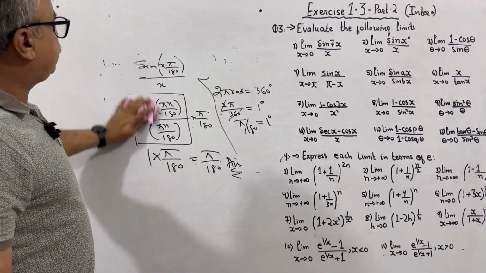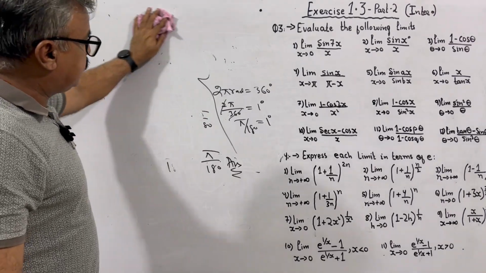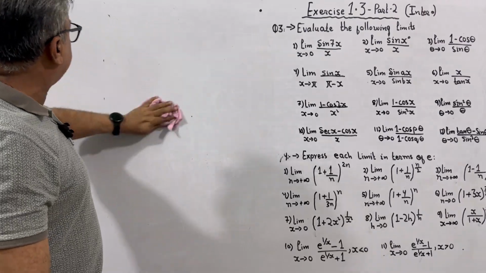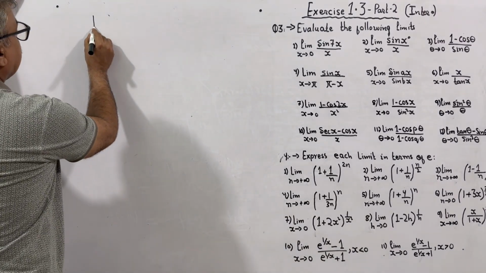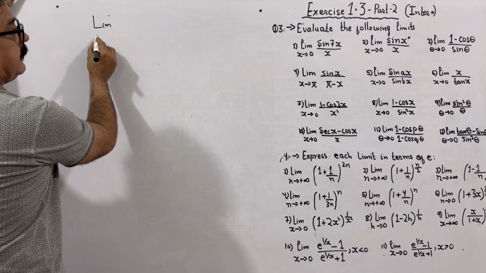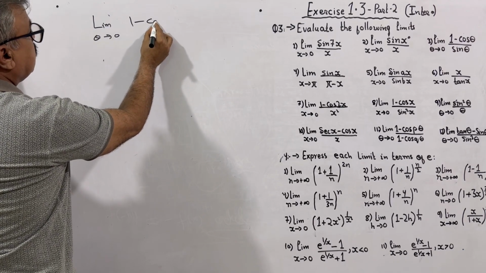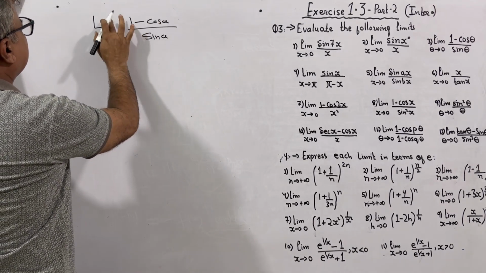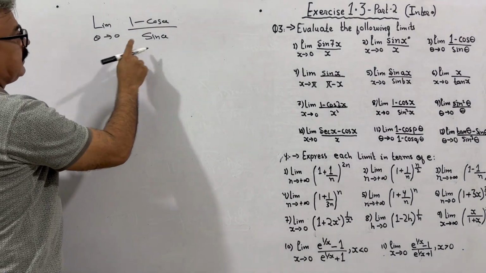Moving towards the next question: limit theta tends to 0. The variable is theta. Limit of (1 minus cos theta) divided by sin theta. Let's open this up. Put the direct limit.